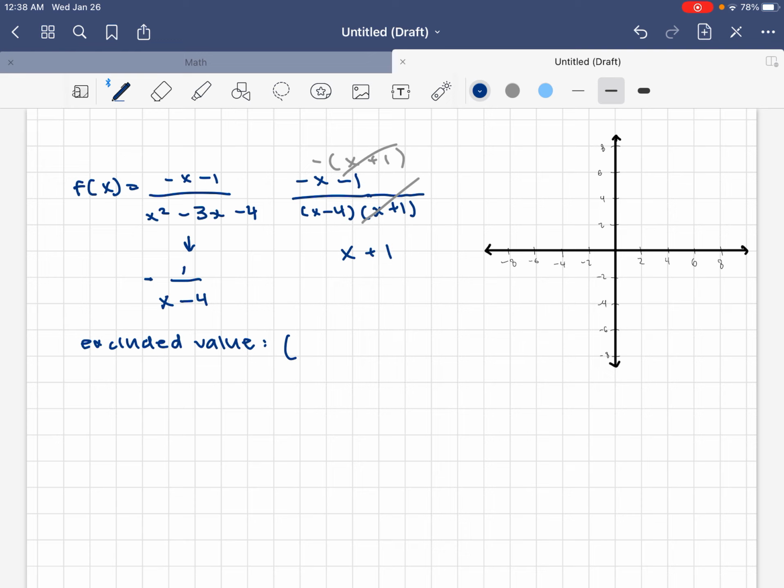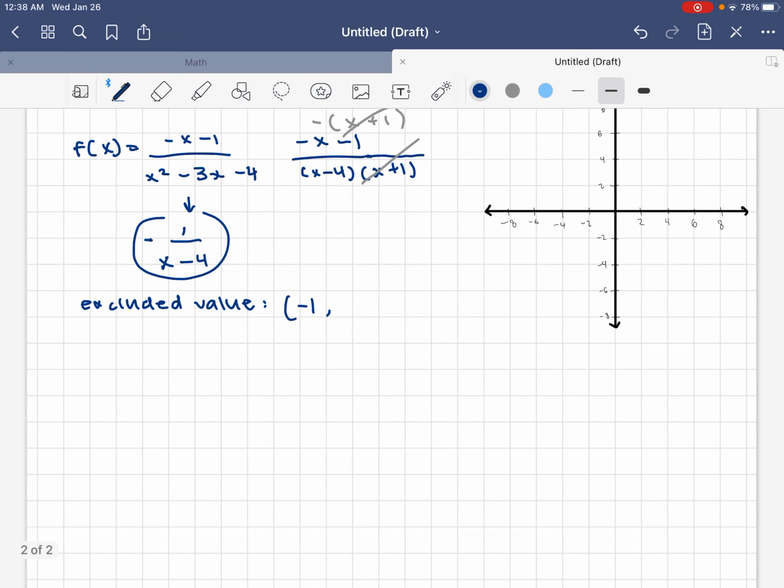Now, x plus 1, what would make it 0? Negative 1 would make it 0, because negative 1 plus 1 is 0. So our x would be negative 1. Now let's plug that in to find the y coordinate of our excluded value. So we're plugging it into our function. When we do that, I'm going to write our function.